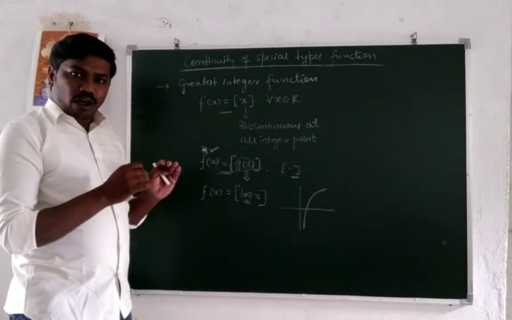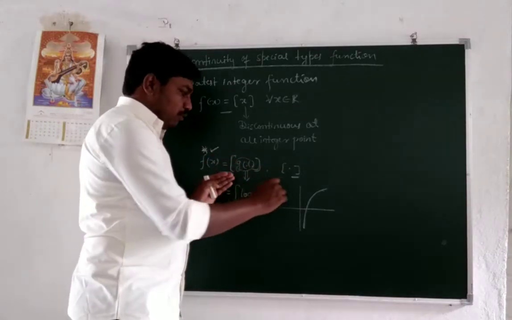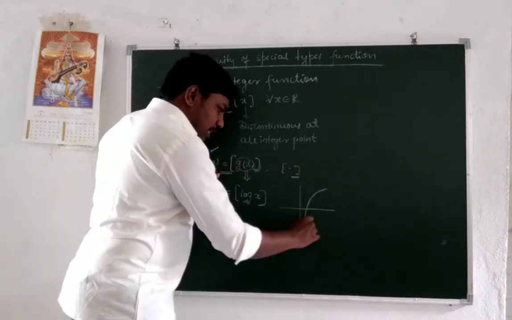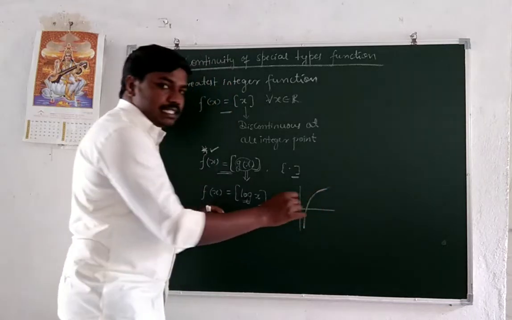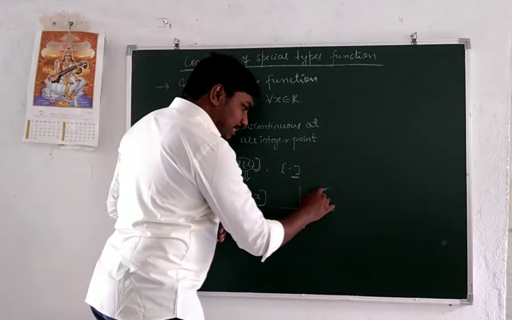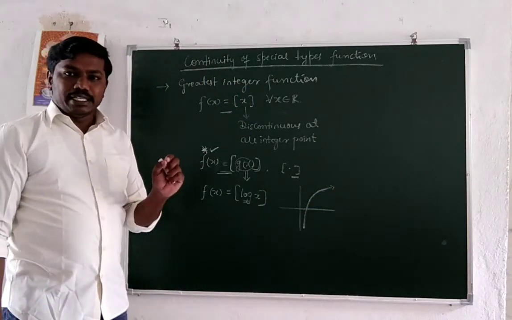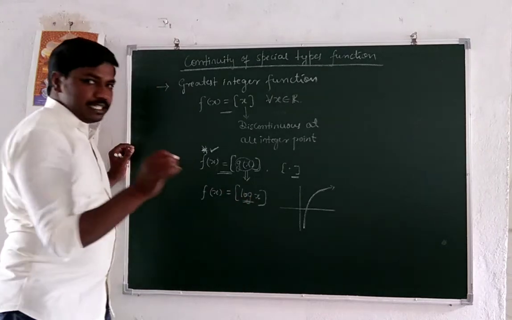When we move from left to right on the graph of the function, the value of log x increases, then the function is said to be monotonically increasing. So log x is a monotonically increasing function.